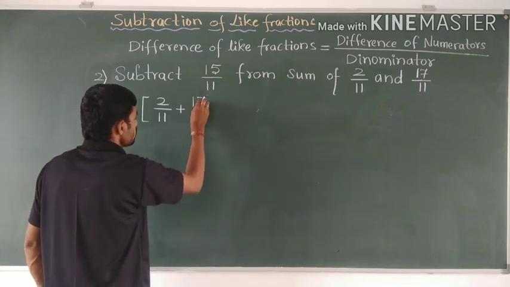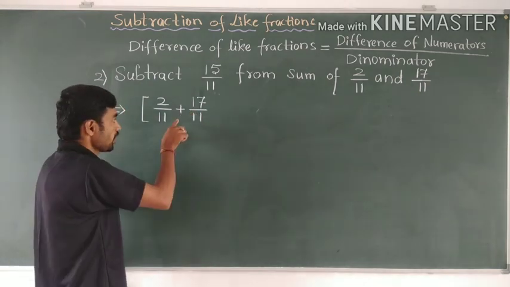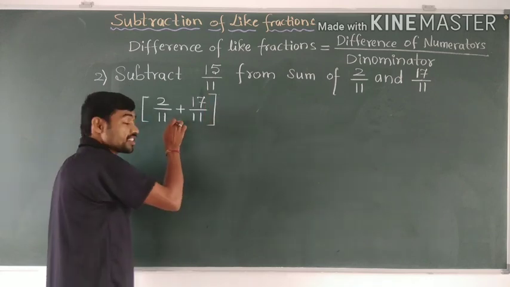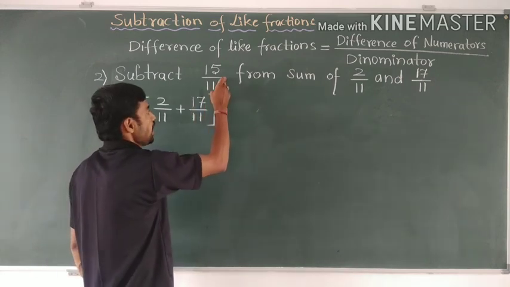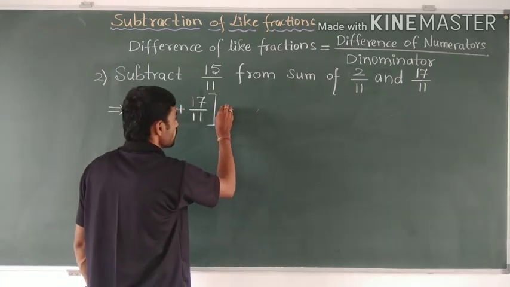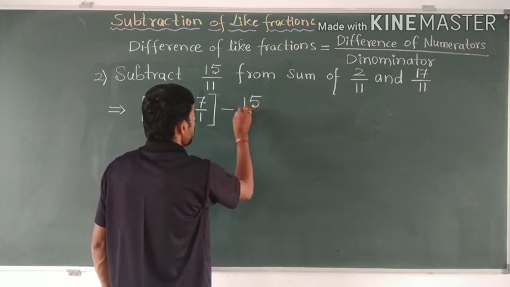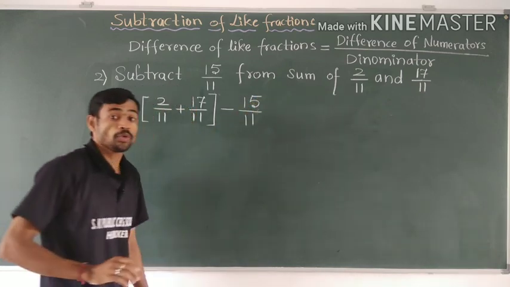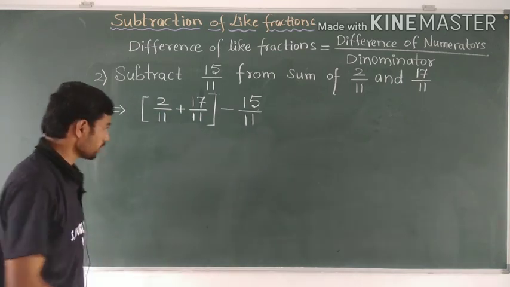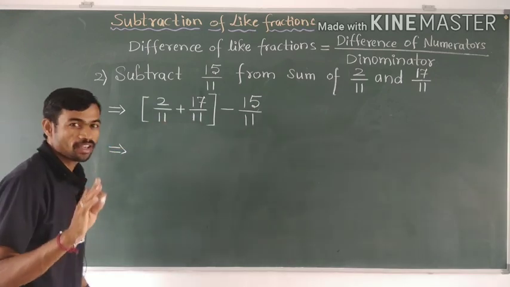From this sum we have to subtract 15 by 11, so the negative sign, 15 by 11. Here we have to use the addition property and the subtraction property both.